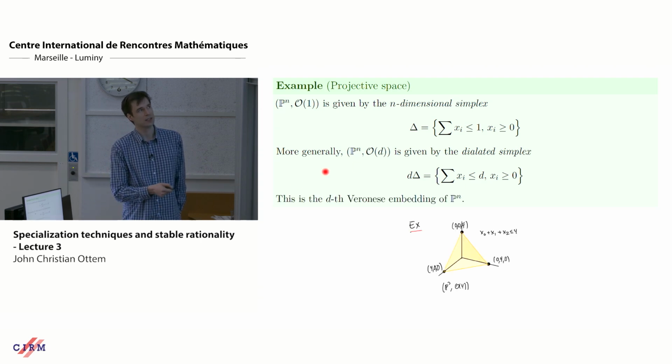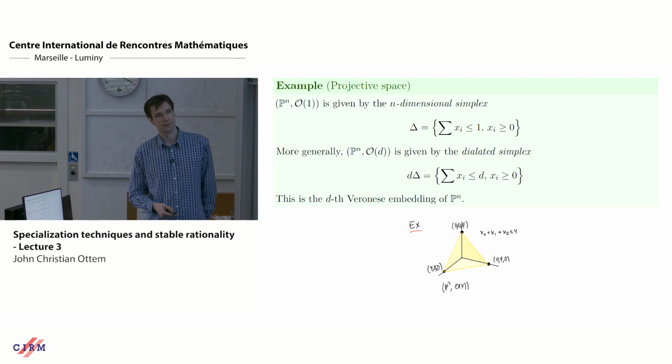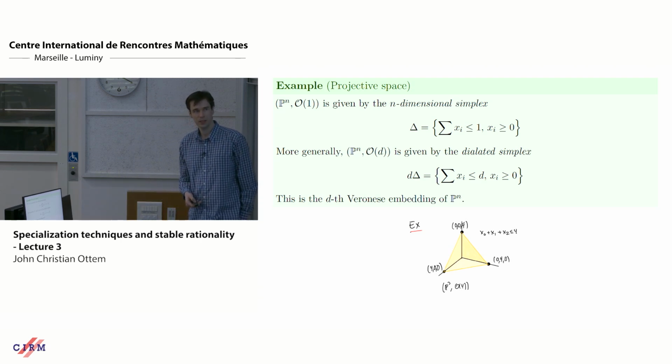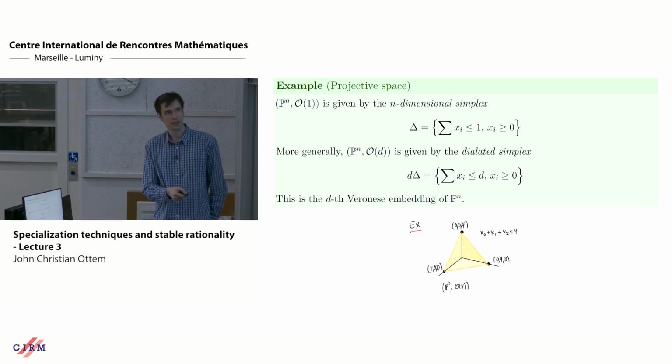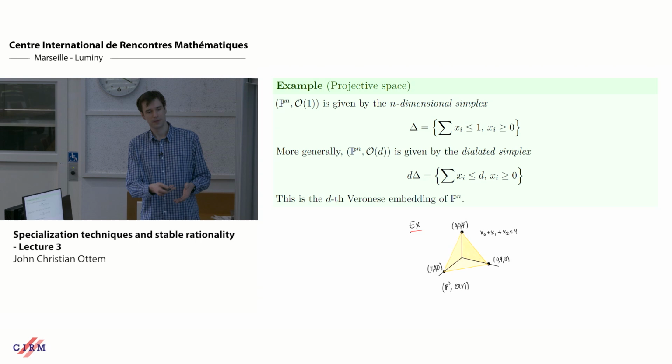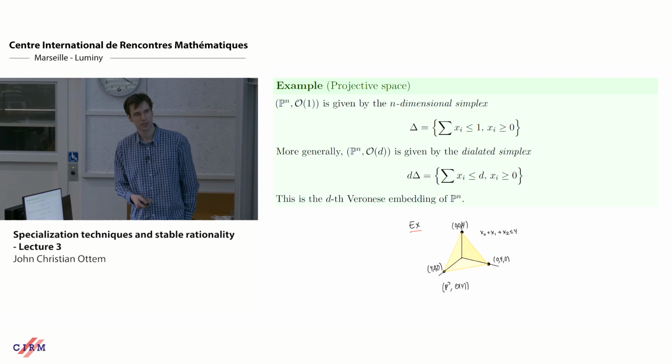So this corresponds to the Veronese embedding. Okay, so this picture here is 4 times the unit simplex. So you should think of this as corresponding to quartic surfaces. So it's P3 polarized by O(4).